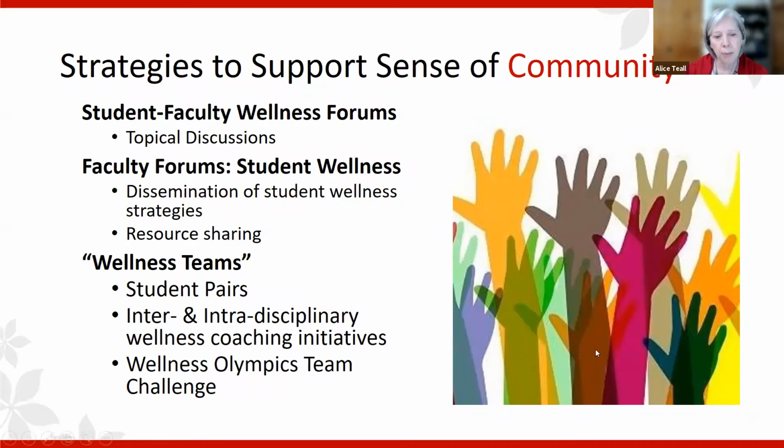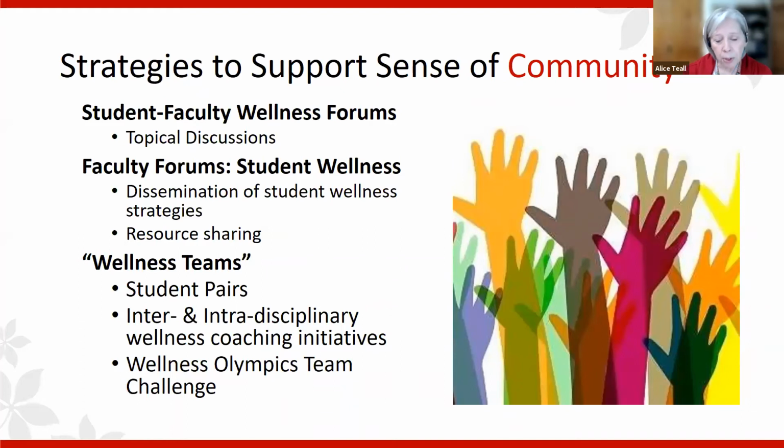So Kate gave an example today of a wellness team in terms of the Wellness Olympics. And I talked last week a little bit about wellness partnerships, but in any course, you can have students independently doing extra credit if they would like and reflecting on that. You can also pair students to have them have an accountability partner.